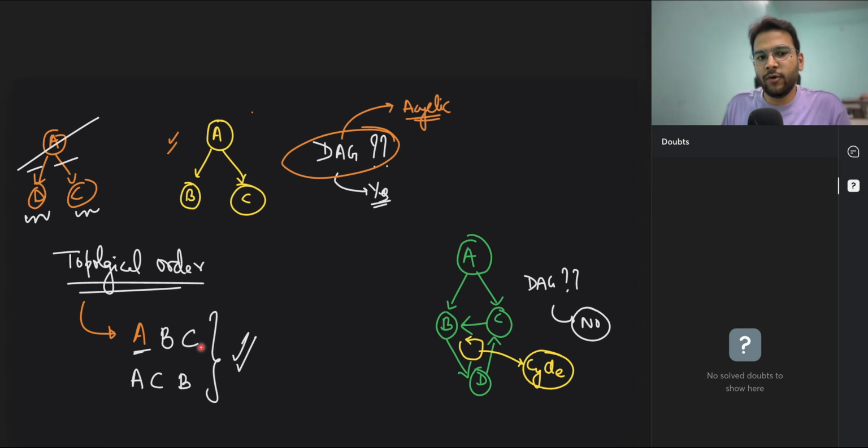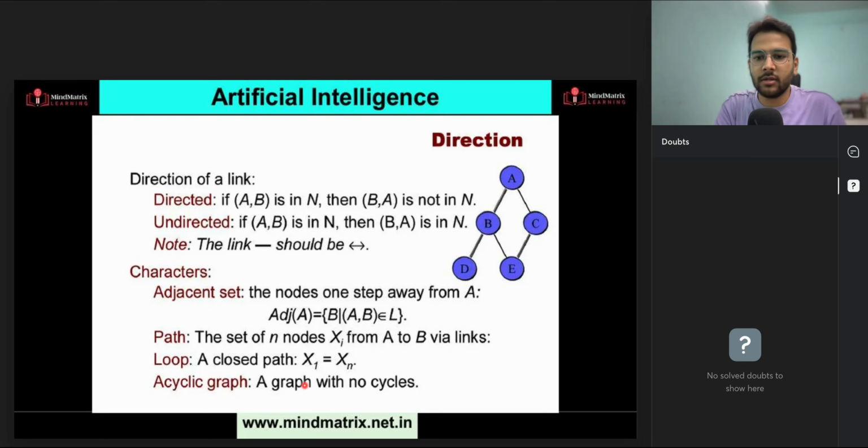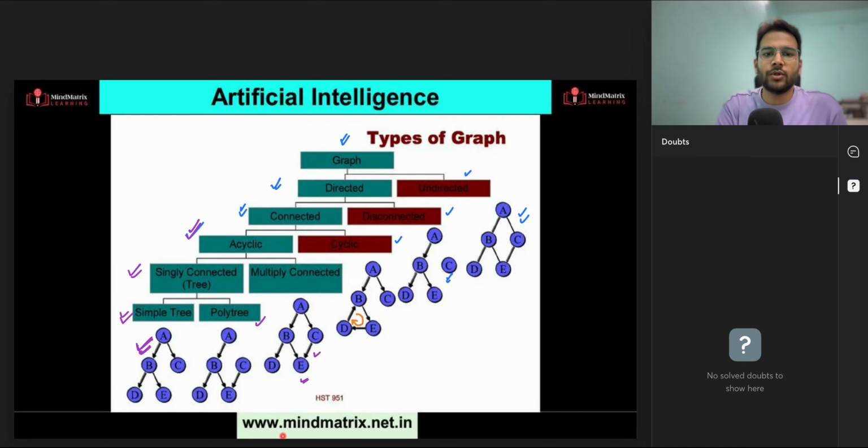So can I say these are the two possible topological orders of this given graph? Yes or no? Okay. That will also be covered in graph theory, so no need to worry about it. But this topological ordering is used in multiple subjects. Okay. Fine. So this is the theory of graphs that we have.